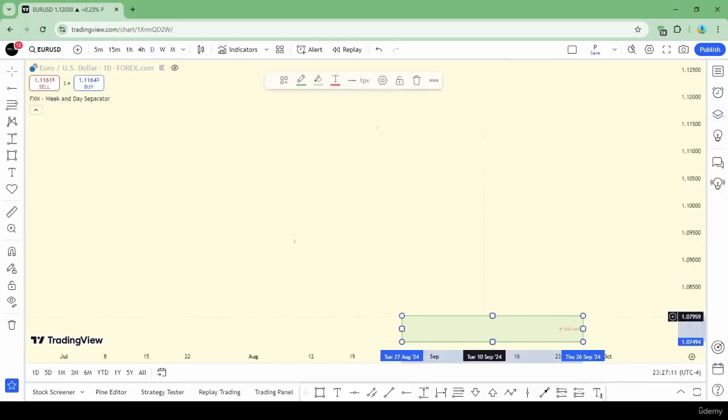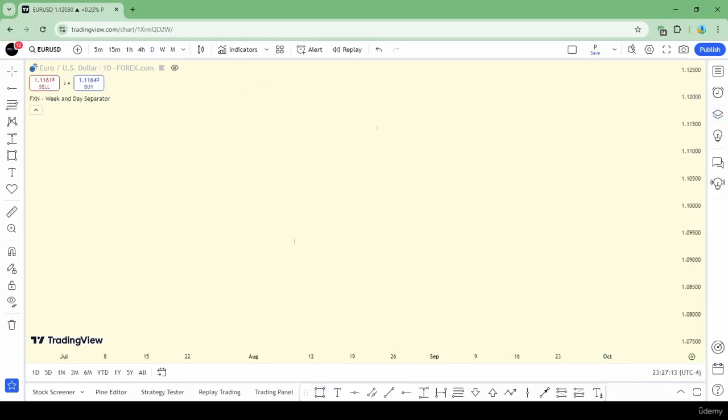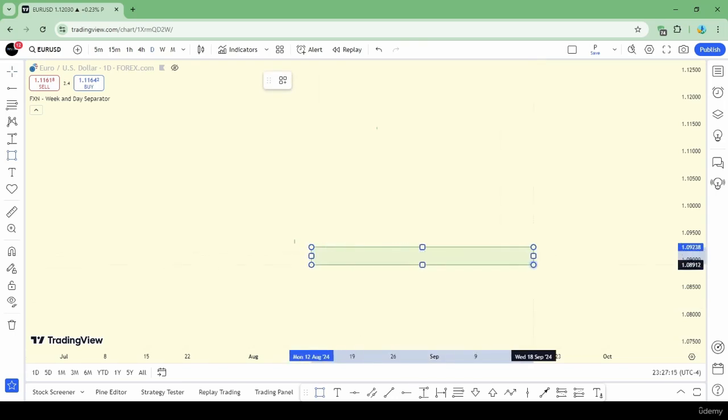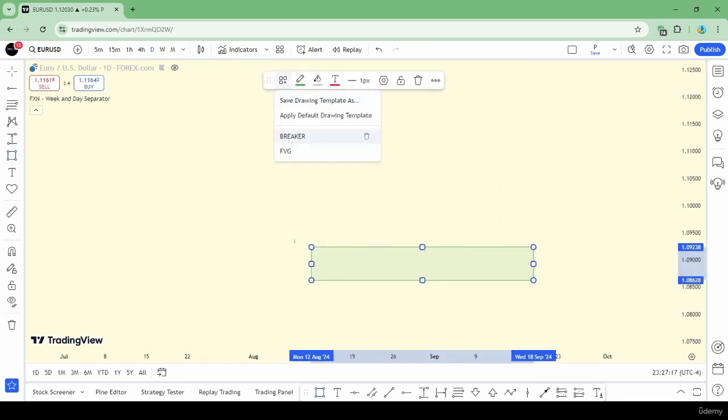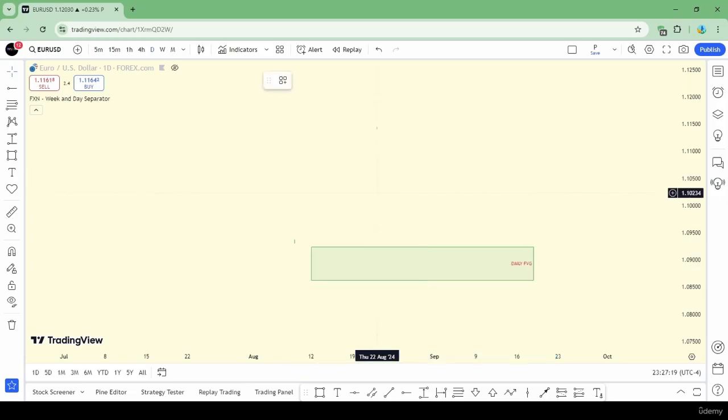So in our example, we'll have a daily fair value gap. So we'll have this daily fair value gap, and now the market, after we have hit that daily fair value gap.